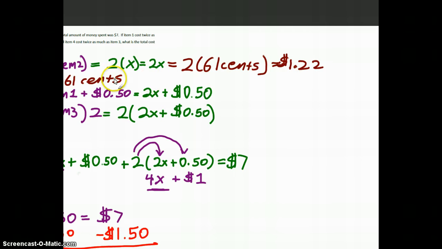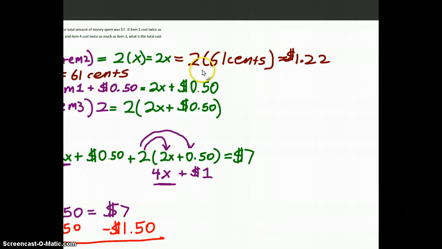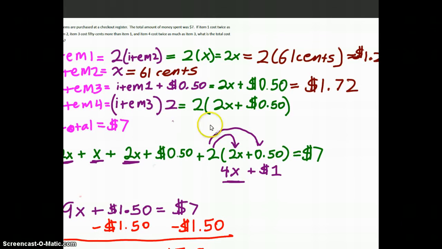We already know that item 2 is 61 cents. We already know that item number 3 is 50 cents more than item 1. So that means that we just take the price that we got right here from item 1 and add 50 cents to it, which is just going to give us $1.72. And then we know that item number 4 is twice as much as item number 3 is.